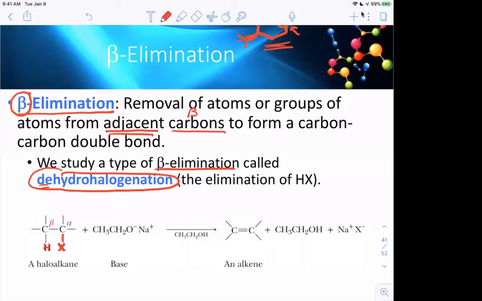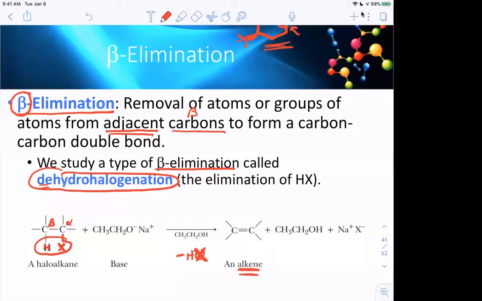This is my hydrogen. It's on the beta carbon. The carbon that bears the halogen is the alpha carbon. I'm going to eliminate HCl or HX, and what I get is my alkene.